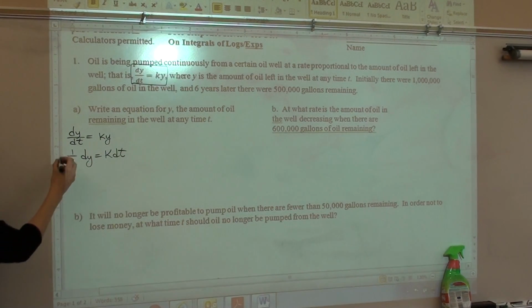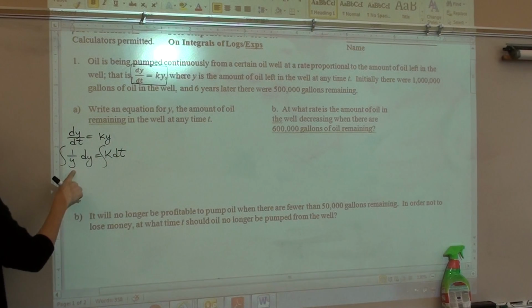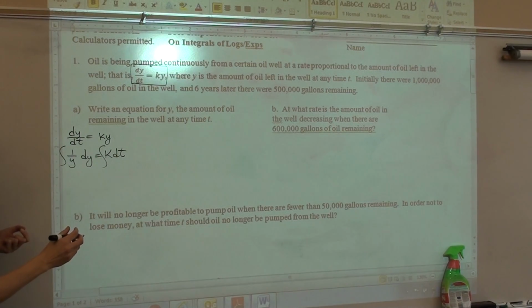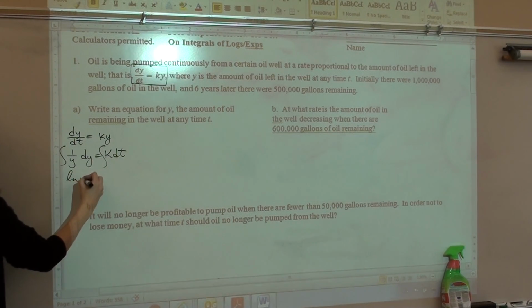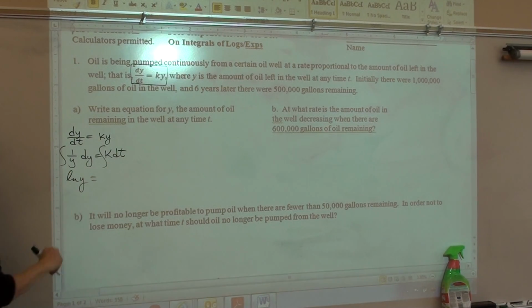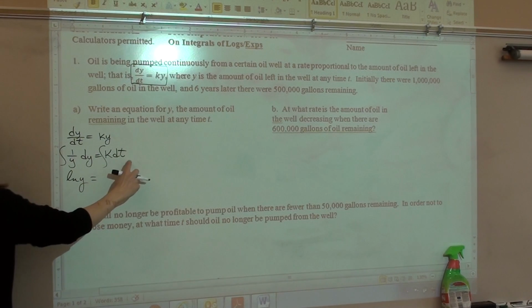Integrate both sides. The antiderivative of 1 over y is ln of the absolute value of y, and for this problem I don't have to put an absolute value. Why not? Because y represents the amount of oil in the well, so it can't be negative.